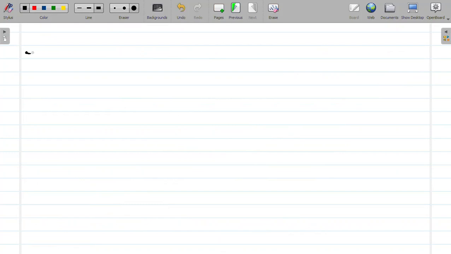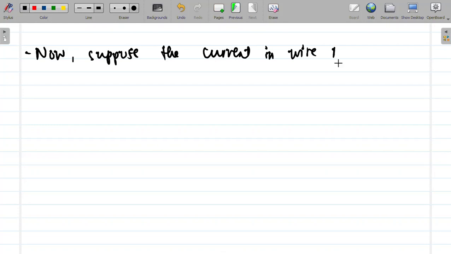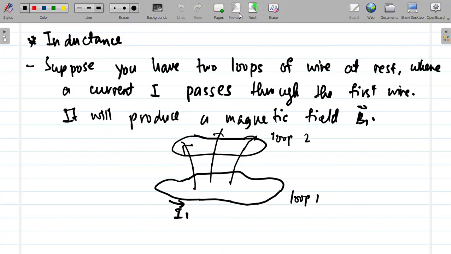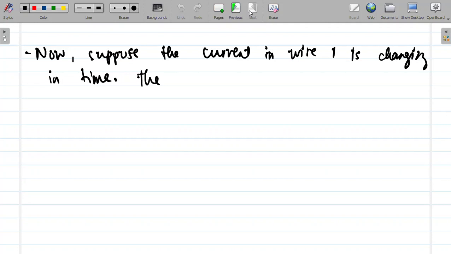Now, suppose the current in wire 1 is changing in time. So kunwari, hindi na siya constant, nagbabago na siya. So the induced EMF, syempre nagbabago yung current sa wire 1, magbabago din yung magnetic field. And therefore, magbabago yung magnetic flux. So syempre kung meron kang changing magnetic flux, meron kang induced EMF.